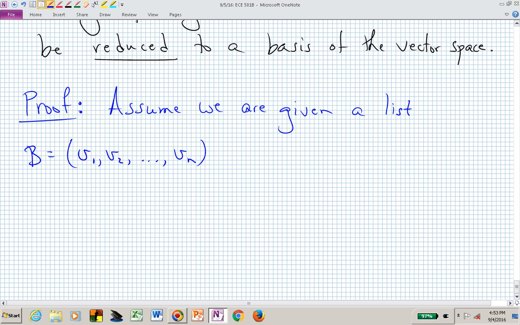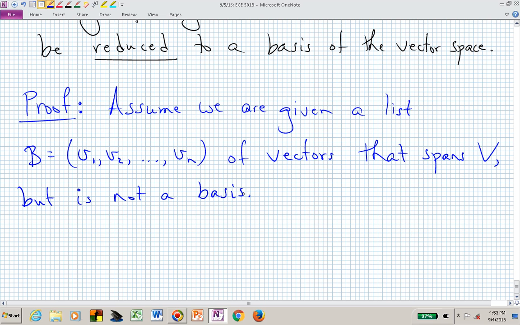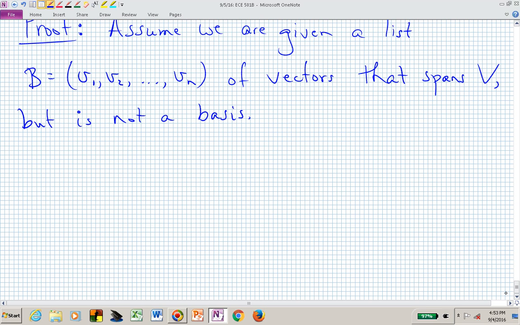So assume we are given a list B containing n vectors, and let's say that that list spans our vector space V, but somebody says it is not a basis.